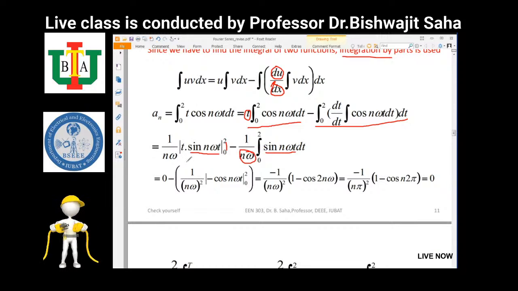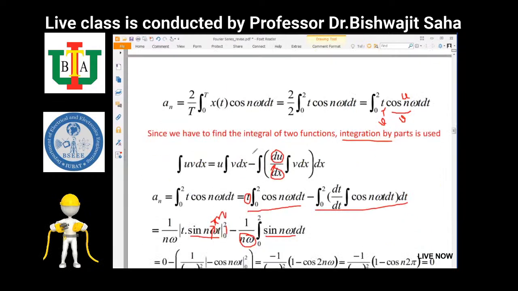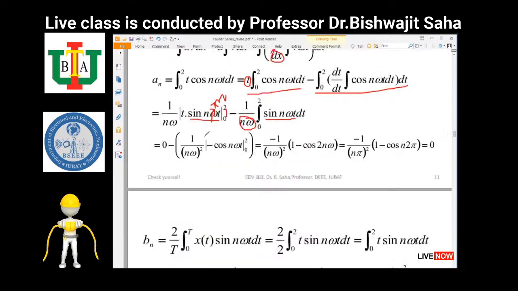Here is another interesting point. We can put the omega value, what is it? Pi radian per second. Remember this one, if we go back here, omega equals pi radian per second. So if we put in pi, then automatically sine becomes 0. So the first term of the equation is 0.